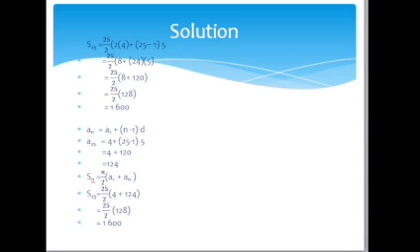We need to solve first those in parentheses. 4 plus 124 is 128, times 25 divided by 2, and that is 1,600. So the sum of the first 25 terms of the arithmetic sequence 4, 9, 14, 19, 24, and so on is 1,600.